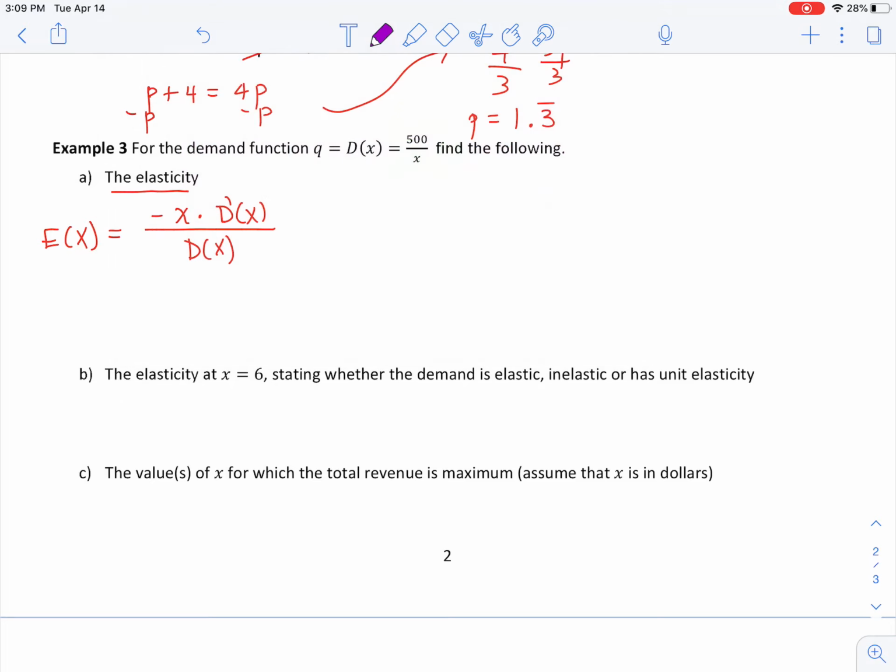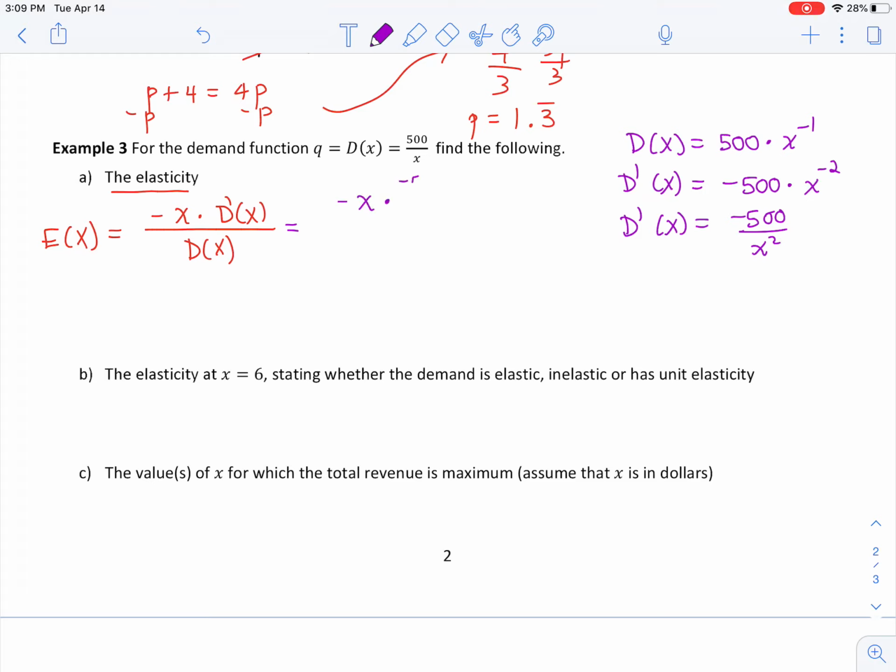We first have to find the derivative. I will rewrite D of X as 500 times X to the negative first power, so it's easier to take the derivative. Negative 500 times X to the negative second power, so the derivative function is negative 500 divided by X squared.